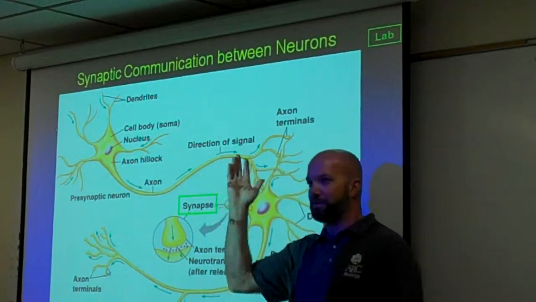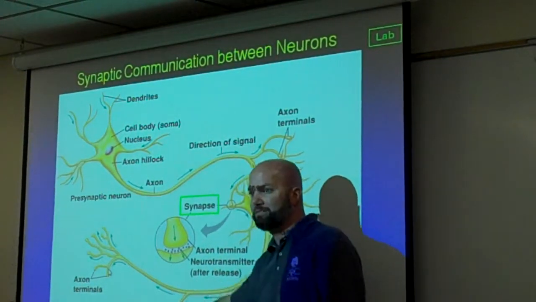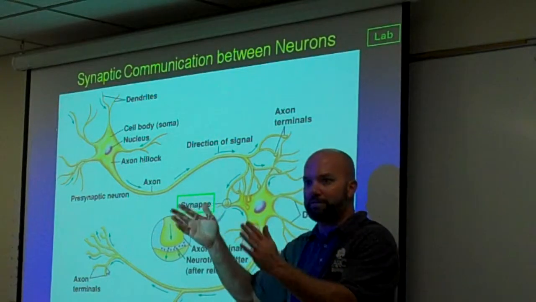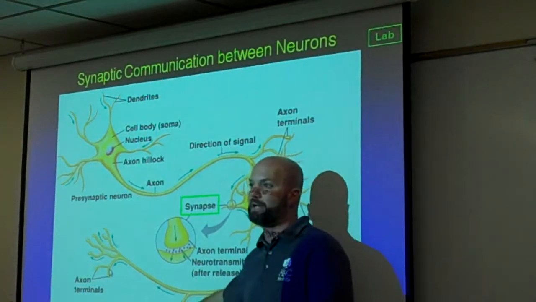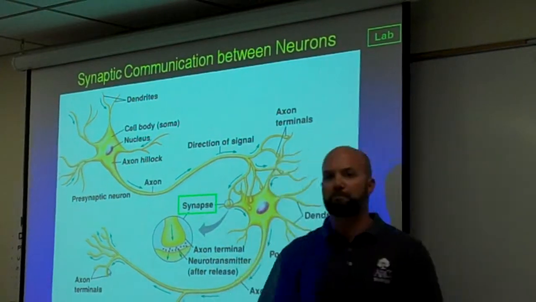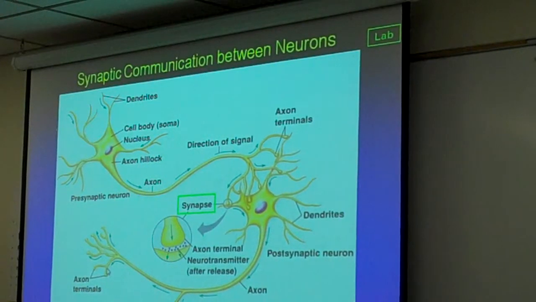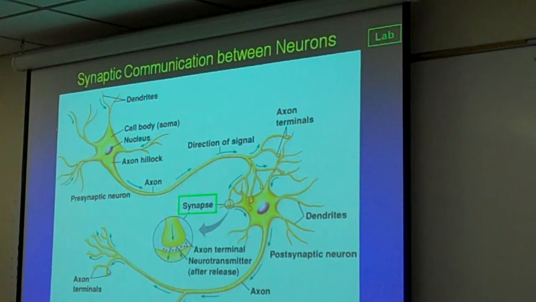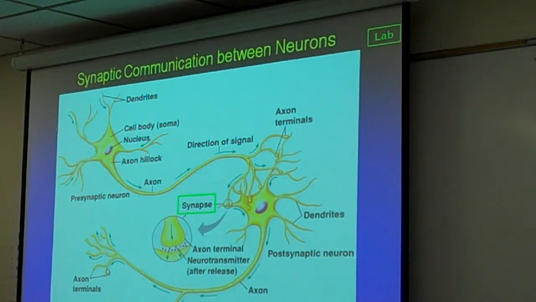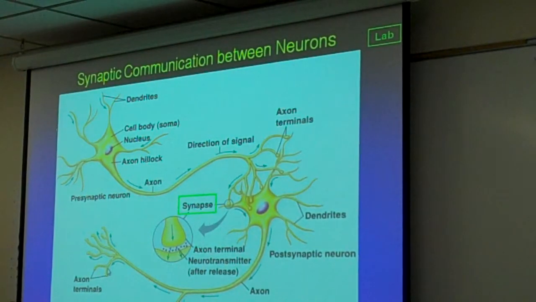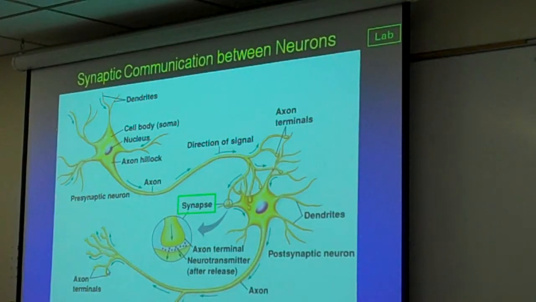But if you just kind of make a right angle right off of the axon, somewhere down the middle of its length, that's a collateral. And what you often see is axons that are communicating with lots of different cells tend to have more collaterals. A branch can go over here, and a branch can go over here, and you can communicate with different cells at the same time.